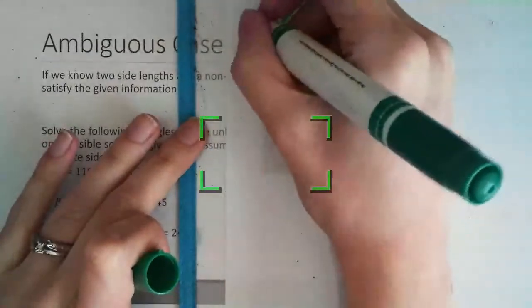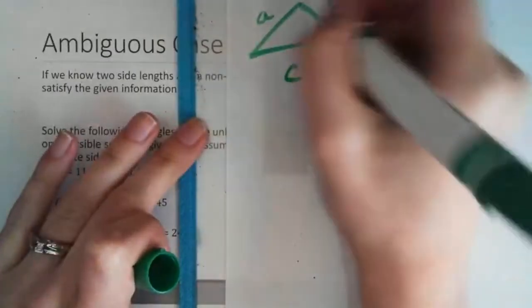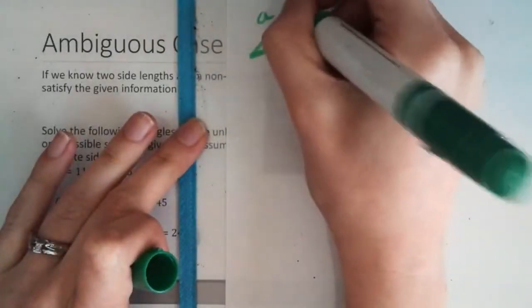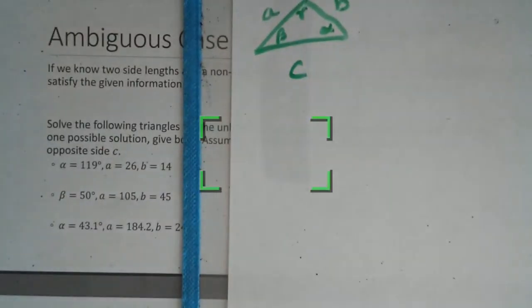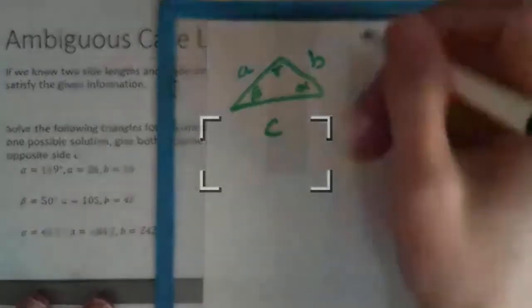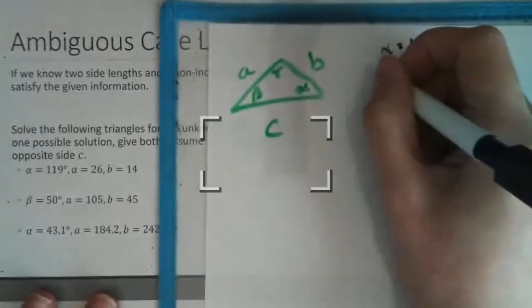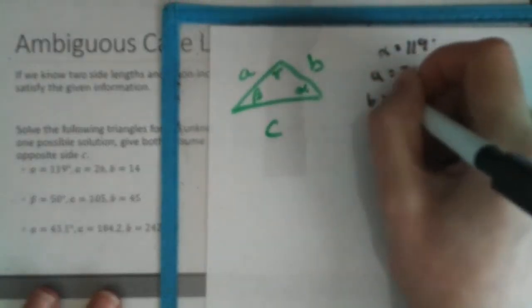We will say we have A, B, and C. So this is alpha, beta, and gamma. So first up, we know the angle alpha is 119 degrees. We know A is 26, and we know B is 14. So let's start with that.